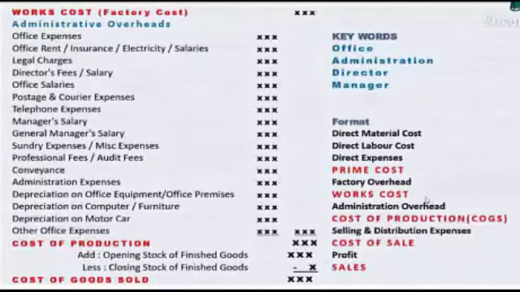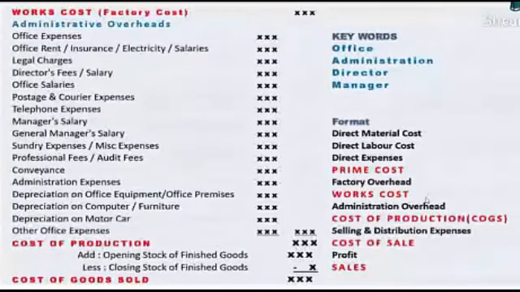Next are office salaries, postage and courier expenses, telephone expenses. Do you feel that any of these is factory or selling and distribution? The answer is no. These are not factory, these are not selling and distribution, but they look like administrative work. Manager salary, general manager salary, sundry expenses. It is not mentioned what kind of sundry, so it is administration.